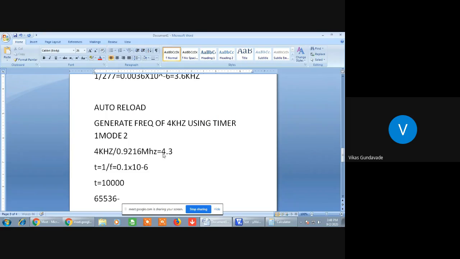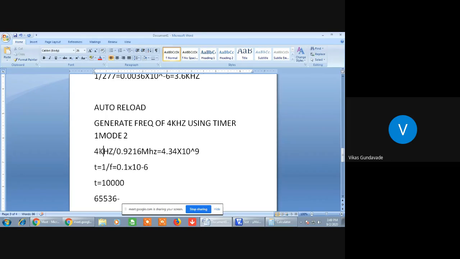Right, 4.34 multiplied by 10 power 3 and 10 power minus 6. So it is 10 power 9, na? Minus 3. Am I right? It is in kilohertz, na?